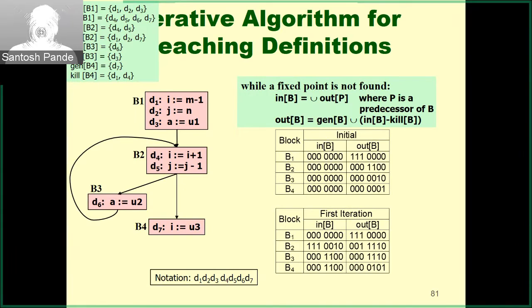And in this example, I think I explained it one time that if we could have a B1 to B2 to B4 as a feasible path, then we of course have a reaching definition D3 going to B4.